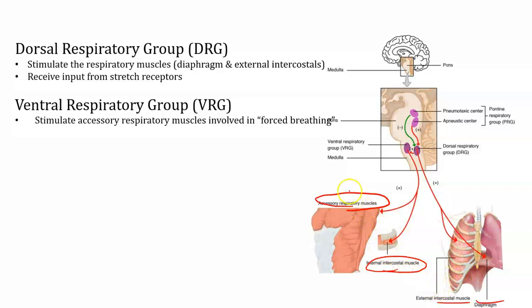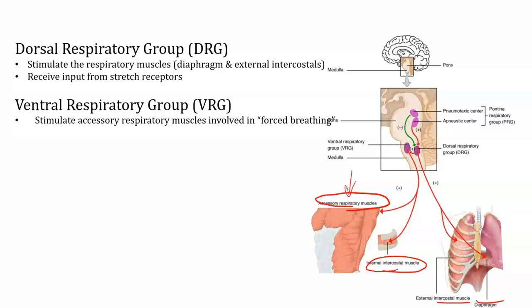So some examples of accessory muscles you would have, like there's a sternocleidomastoid muscle in your neck. So if you're breathing really heavily, you might even feel your neck sort of getting into the rhythm. You have the sternocleidomastoid on the mastoid processes of your temporal bone, and then it comes down and grabs onto the clavicle and the sternum. So it can help to lift up your sternum a little bit.